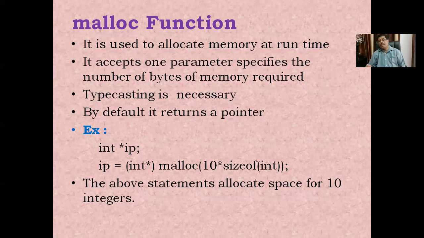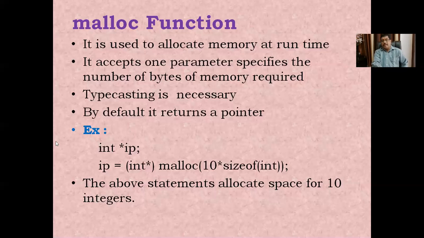Based on the typecast, it identifies how many bytes are allocated for each location, and it returns a pointer variable that holds the starting address of that memory.